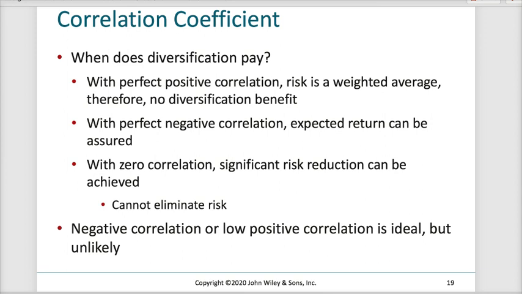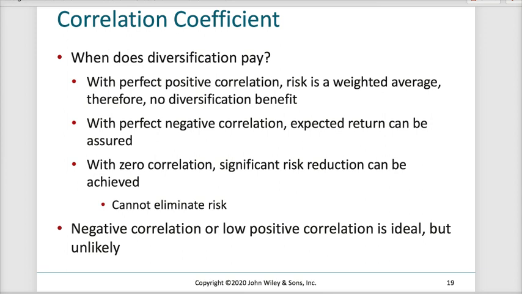With zero correlation, where stocks are not really correlated with each other, you can get significant risk reduction, but it cannot eliminate all risk. So we're looking for zero correlation.